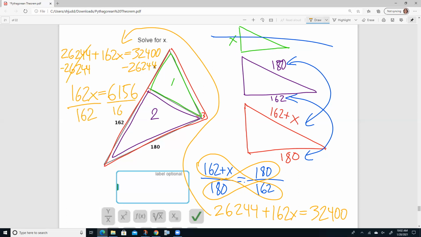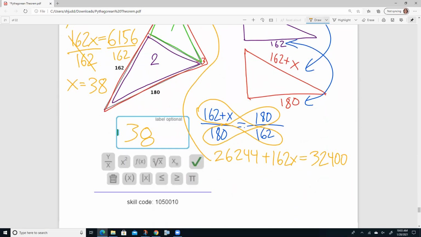Divide by 162. And that's going to give me an x value of 38. So again, you can use the Pythagorean theorem and the geometric mean, or you can use ratios. Whichever one works better for you is the way to approach the problem.